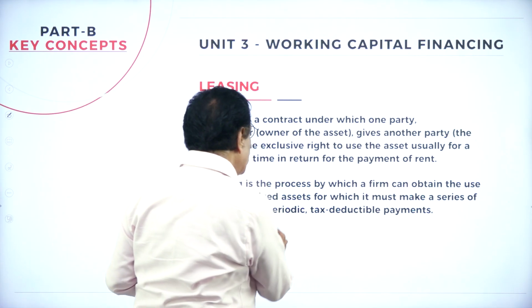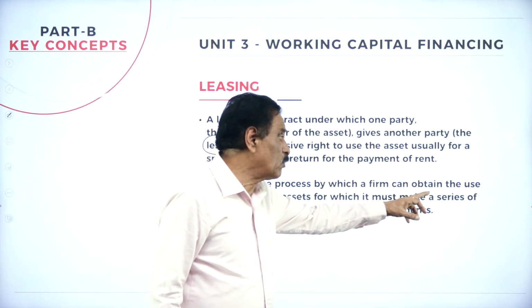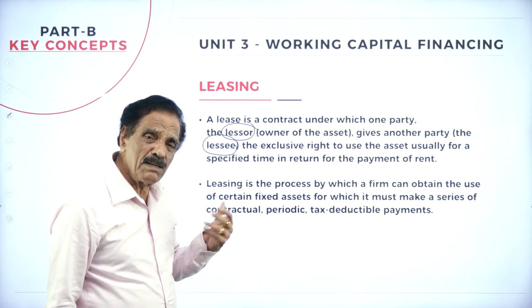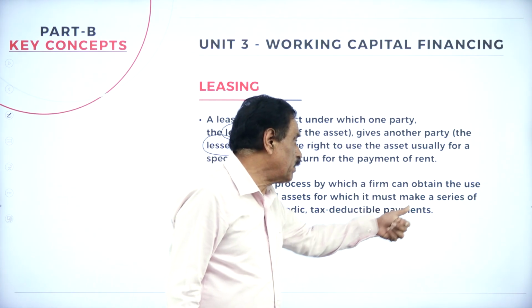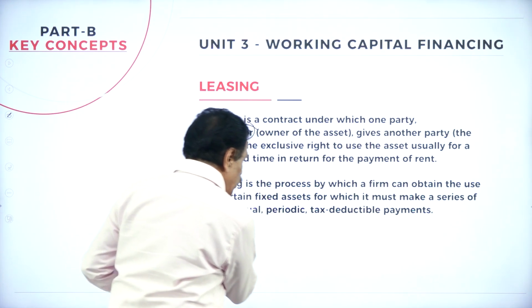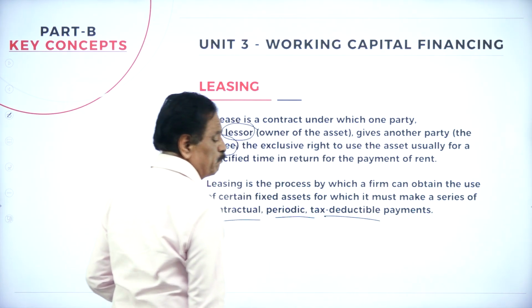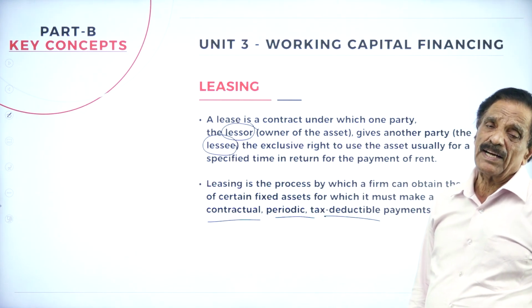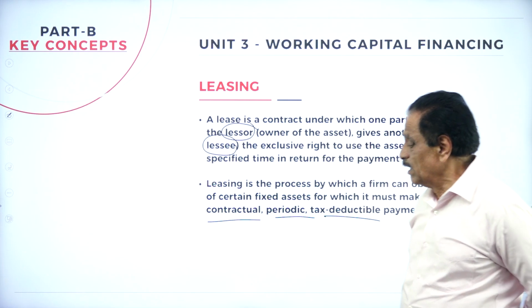Then, leasing is a process by which a firm can obtain the use of a certain fixed asset like land, building, machinery, furniture, by making a series of contractual, periodic, tax-deductible payments. It may be a 2 year contract, it may be a 3 year contract.